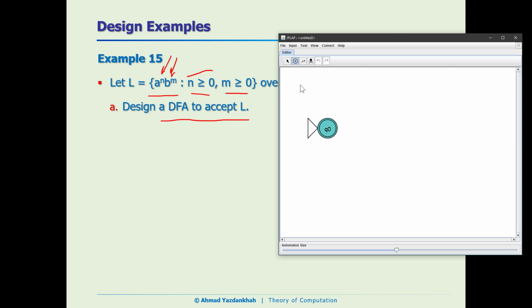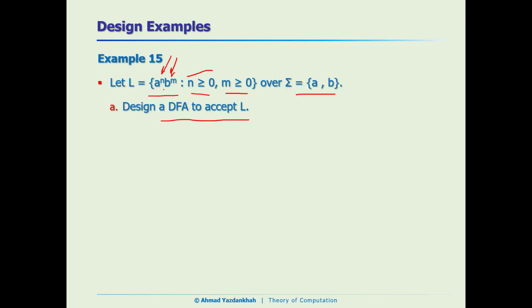Okay, what else we know here? Any number of A's, we need to keep the flow of the strings here. So we just click on that, and we create a loop here. So any number of A's goes here. We keep the flow of a string to stay on Q0 by this loop, right? Okay, so what would happen when we see the first B?